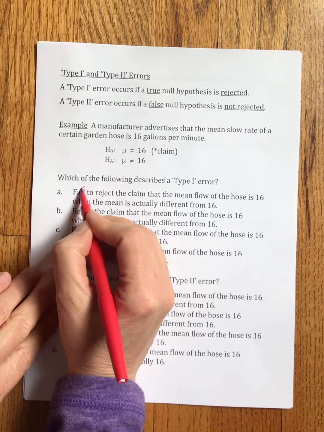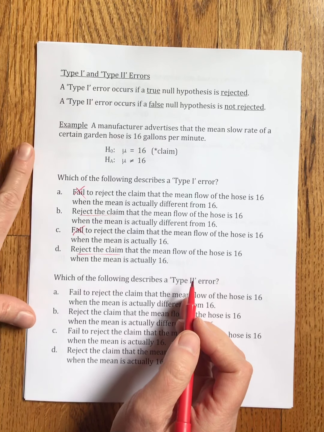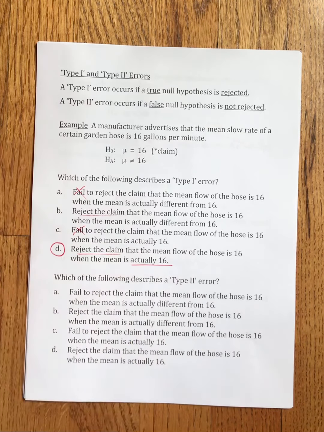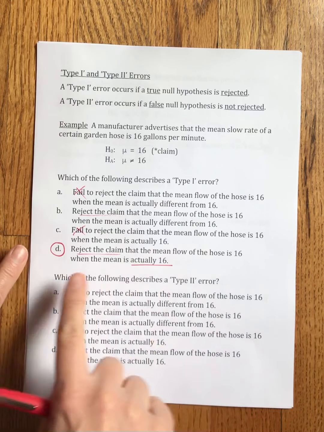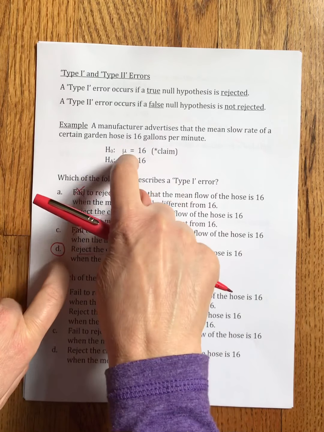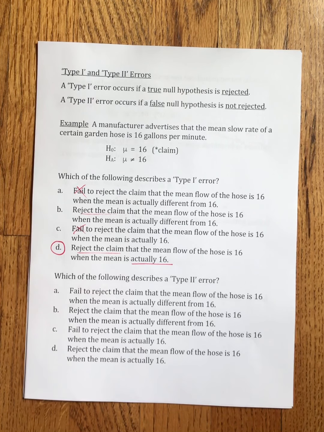In other words, that one's out and that one's out. Although we shouldn't have, because the mean really is 16. Sounds like option D is our best choice there. Read it over again and see if that doesn't kind of make sense. In option D, we're saying we've rejected the claim, but we shouldn't have, because the mean really is 16.